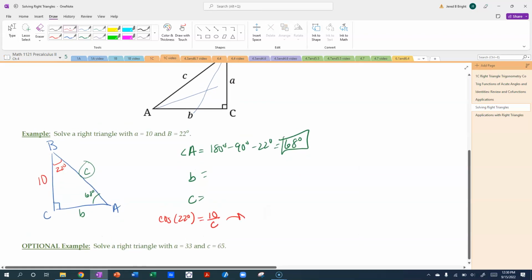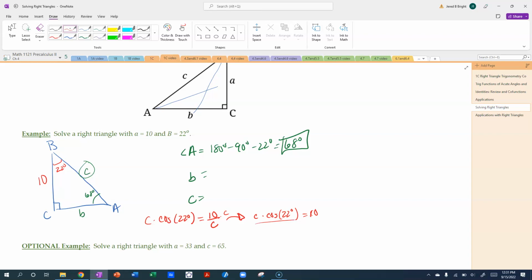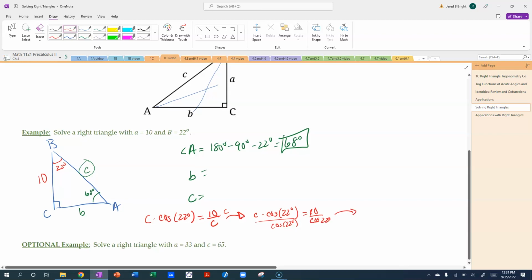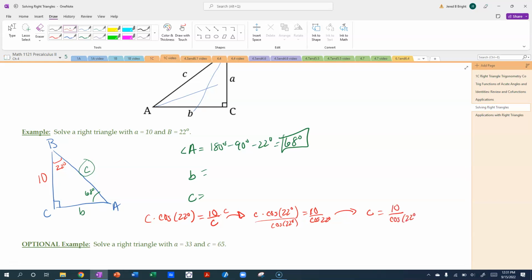So I'm just going to do an arrow over here, multiply both sides by C. So I get C times cosine of 22 degrees is equal to 10. And then the next step is to divide by cosine of 22 degrees. So I get C is equal to 10 over cosine of 22 degrees.